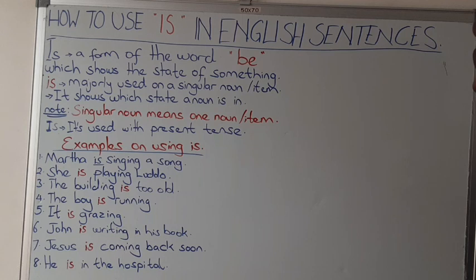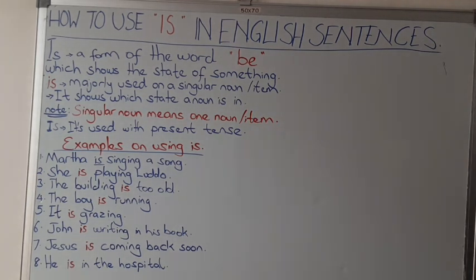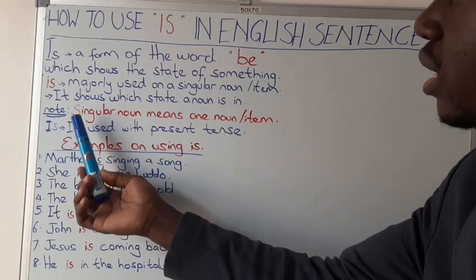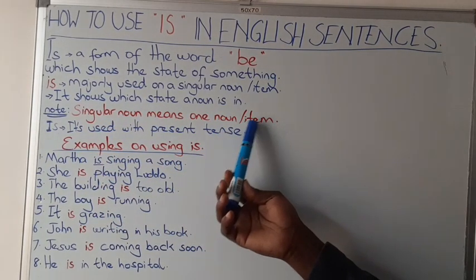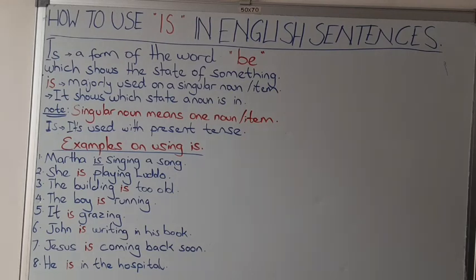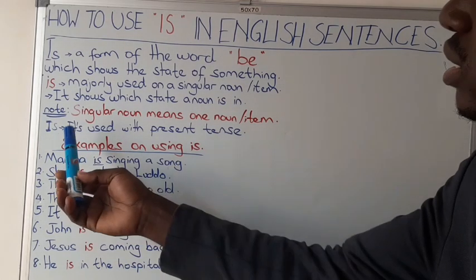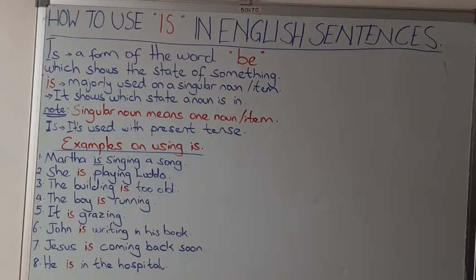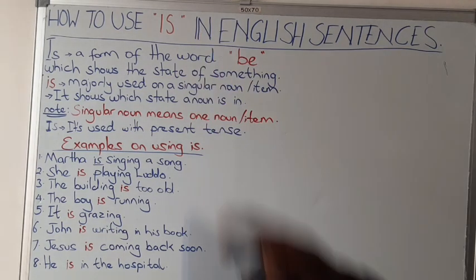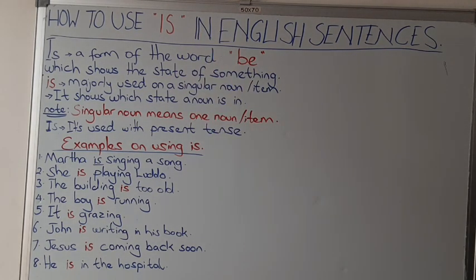It pinpoints a particular object or noun or item. Singular noun means one noun or one item or one element. "Is" is used with present tense, as I've told you earlier.